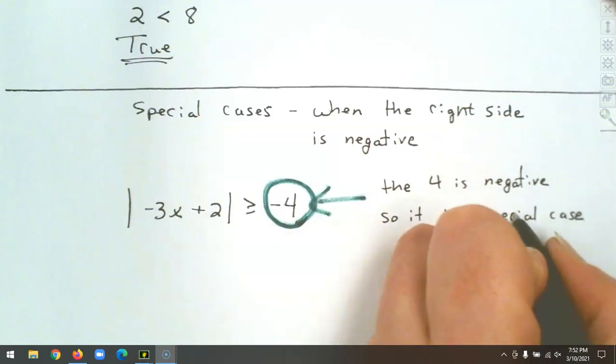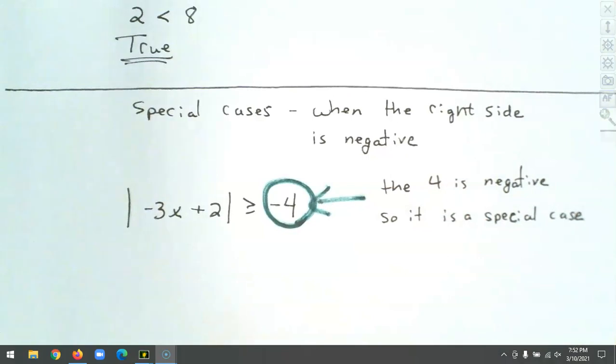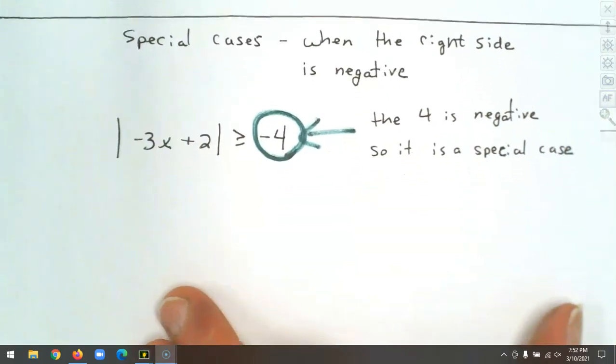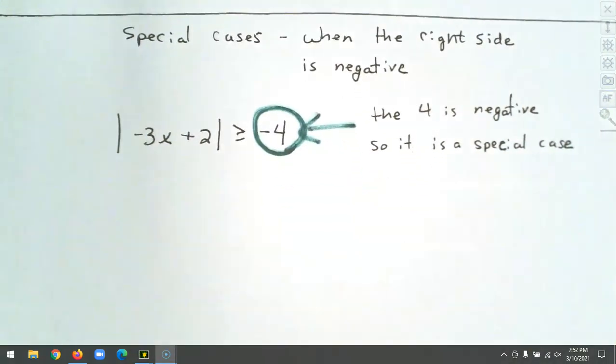Now, these special cases are either true or they are false. So let's think now about absolute values. When I take an absolute value of a number, what are my options?